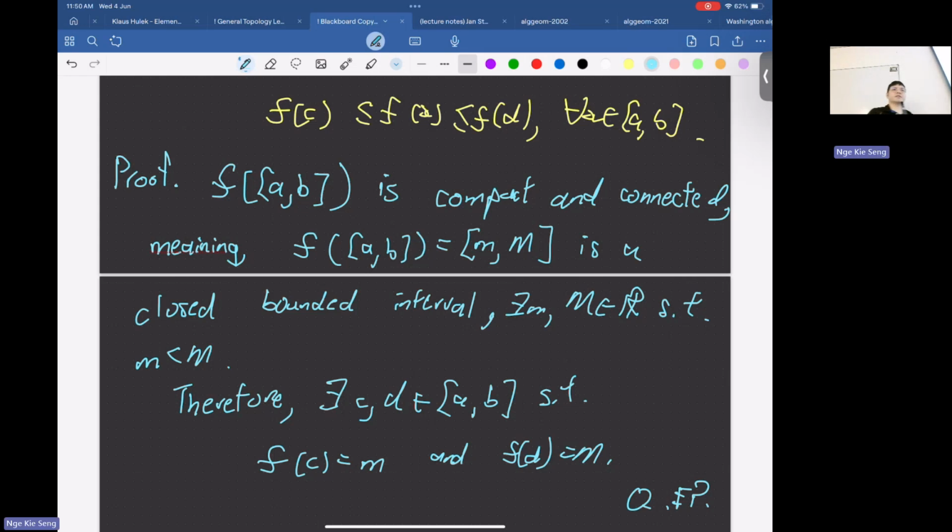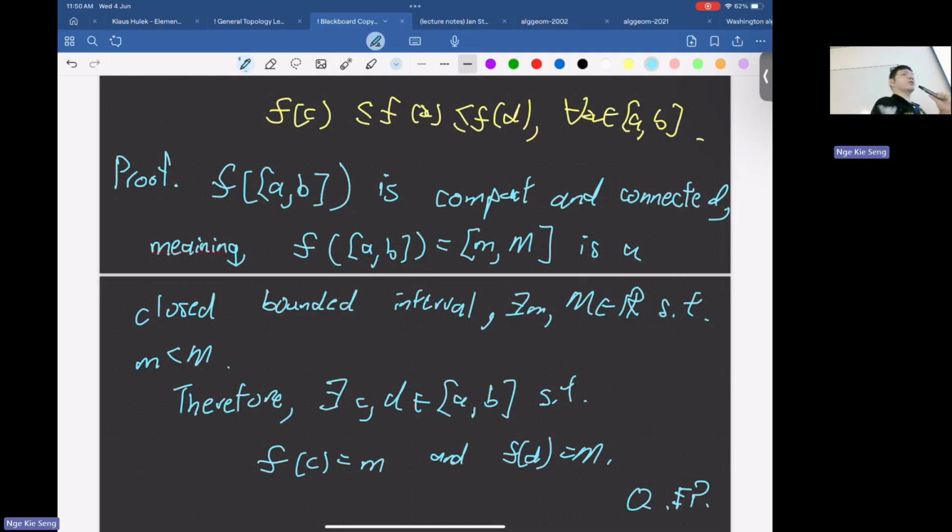Does it make sense? You see this proof is quite short, just using compactness and connectedness. Why compact and connected? Jack, I didn't hear clearly. The continuous image of a connected set is connected.